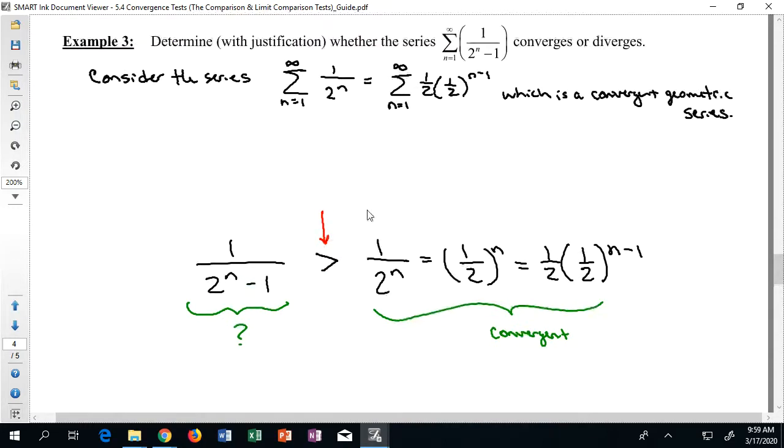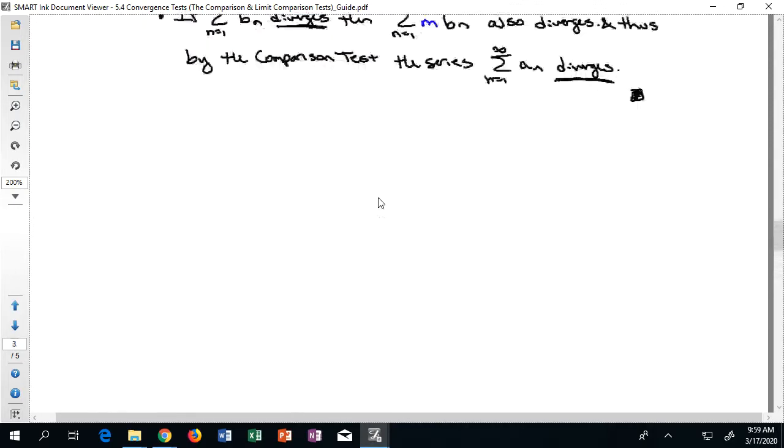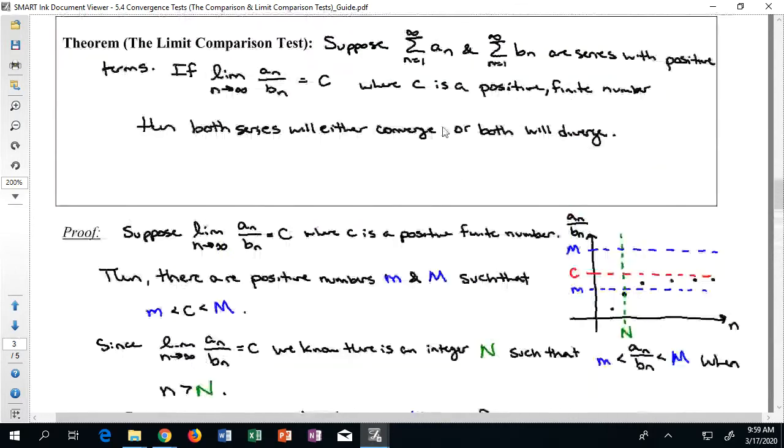Okay, so I still am going to be working with this, but notice, since I know the inequality is not going to work out, I can almost erase all of this scratch work. I don't need it. And I can just go right to the limit comparison, which would say I'm going to take my original series and the one I started with, and I'm going to divide them. I don't care which one goes on top or on bottom. It's not really relevant. But I'm going to start by setting up a ratio after I check to make sure that both series have positive terms.